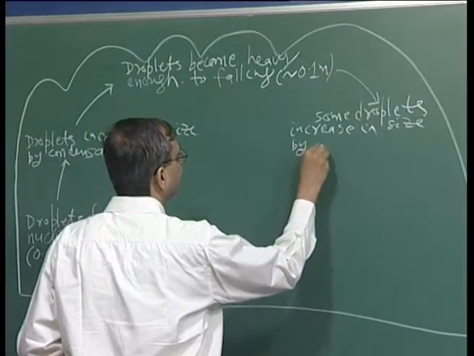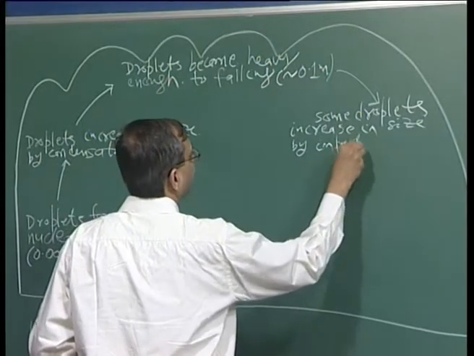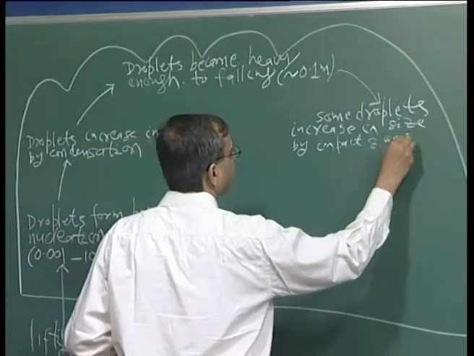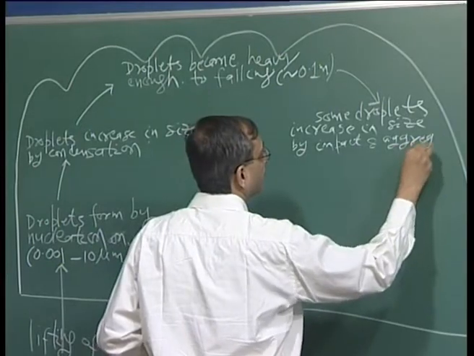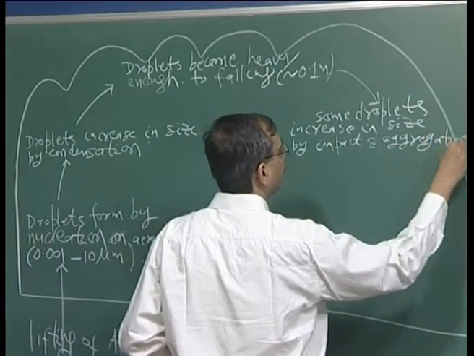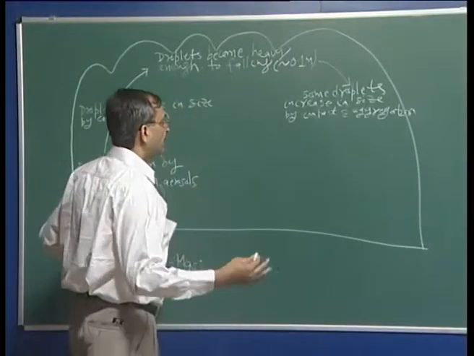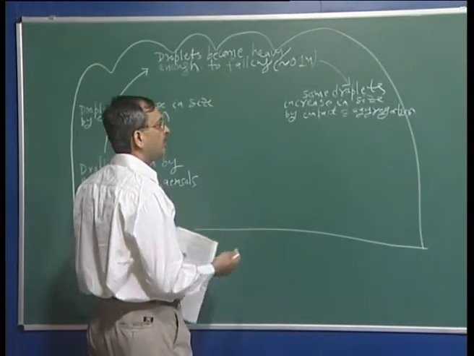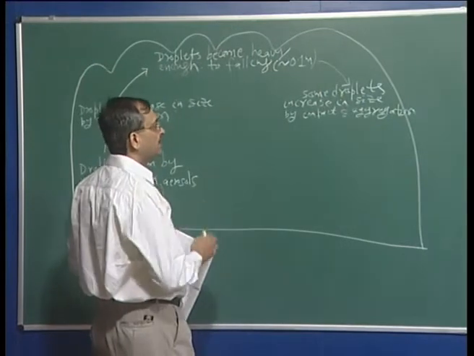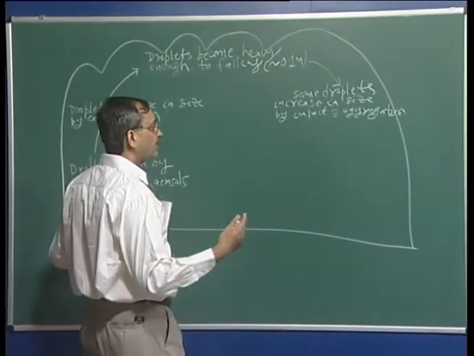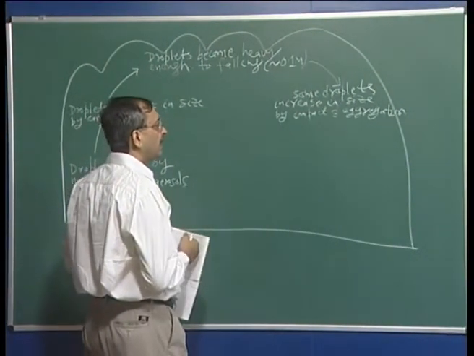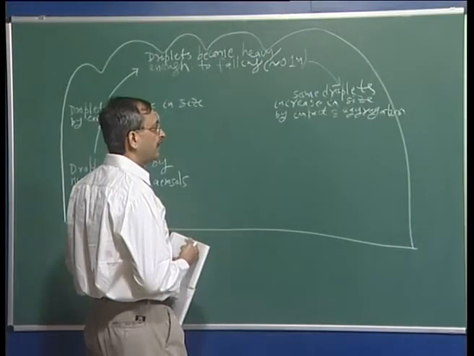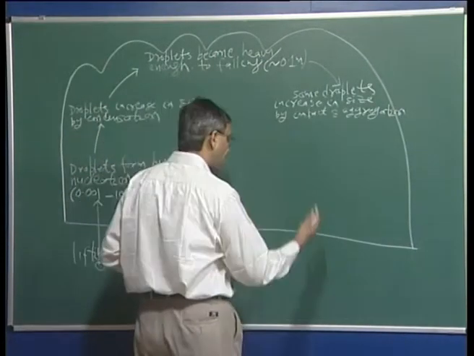By impact and aggregation. What do we mean by that? Two or three more drops can combine and aggregate to form a bigger drop. It is not exactly condensation, but due to impact and aggregation, two or more drops can combine to form a bigger drop. And then they start falling more quickly.